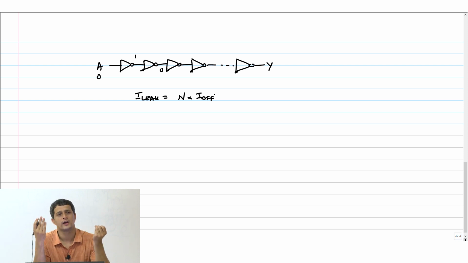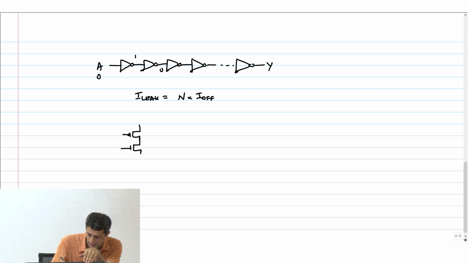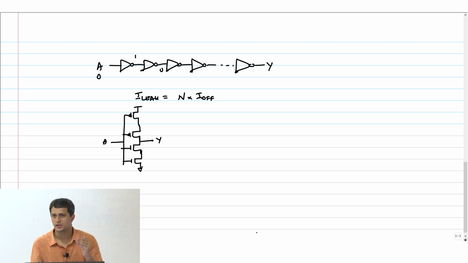Now, how do I reduce the leakage? One thing to do is to take this inverter and convert it to a 2-stack inverter like this. A, Y. So now even if it is 0, I have a 2-stack NMOS transistor stack, and therefore the leakage will be exponentially lesser per gate.